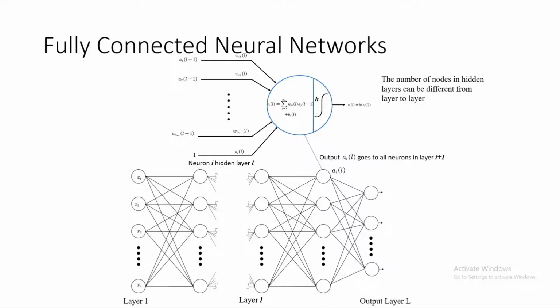And as I said before, the first subscript, which is i, denotes the neuron that receives the signal, and the second subscript refers to the neuron that sends the signal. Like here, i receives the signal, and the second, which is j, refers to the neuron that sends the signal.